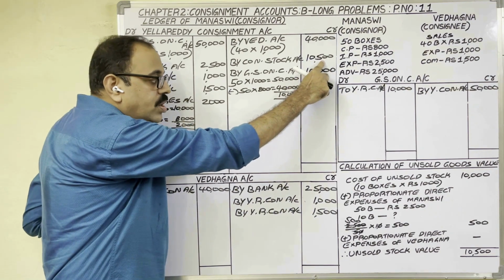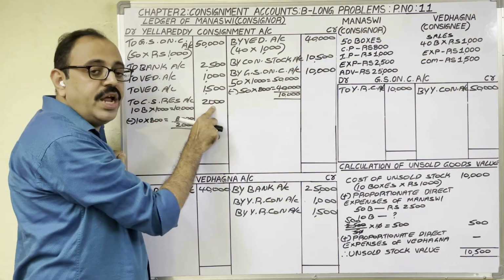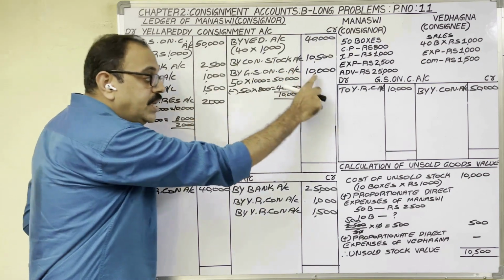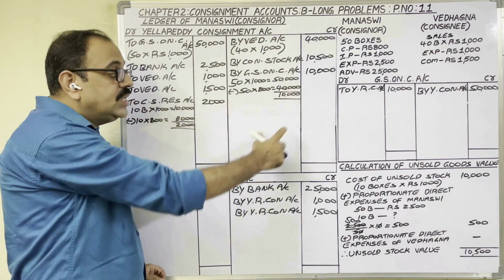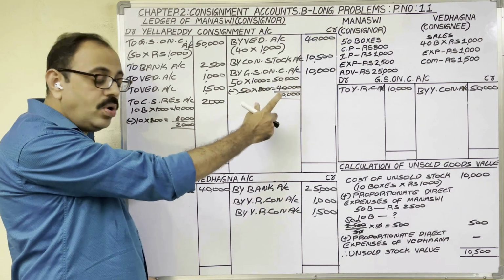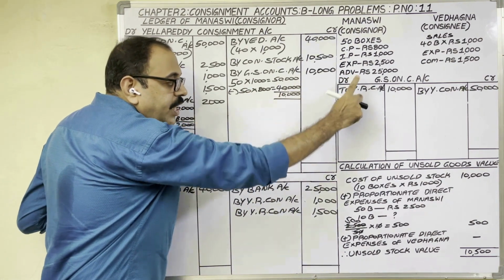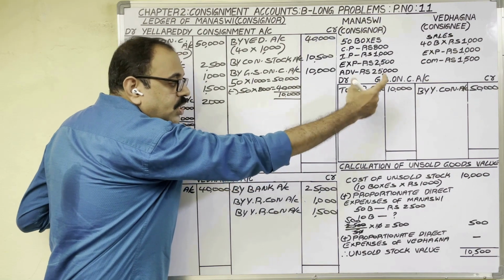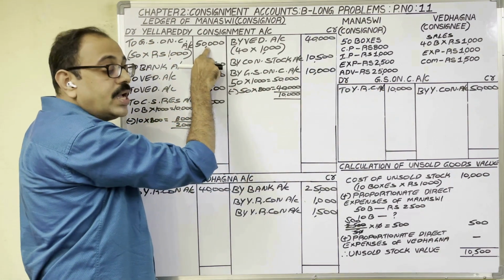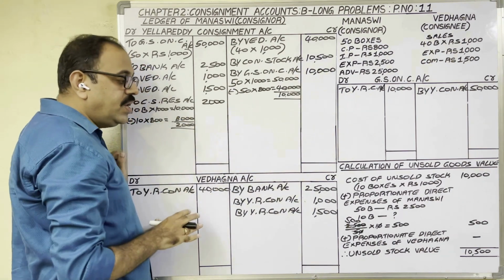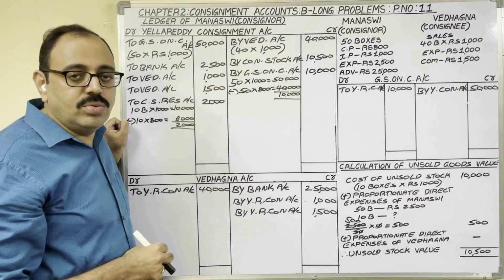So unsold stock related loading debit side we should write, goods sent on consignment related loading credit side we should write. Invoice price related adjustments don't affect consignee's account. So in goods sent on consignment account debit side, there is a loading in goods sent on consignment, that amount comes, remember it. Now finally we have to close the three accounts.